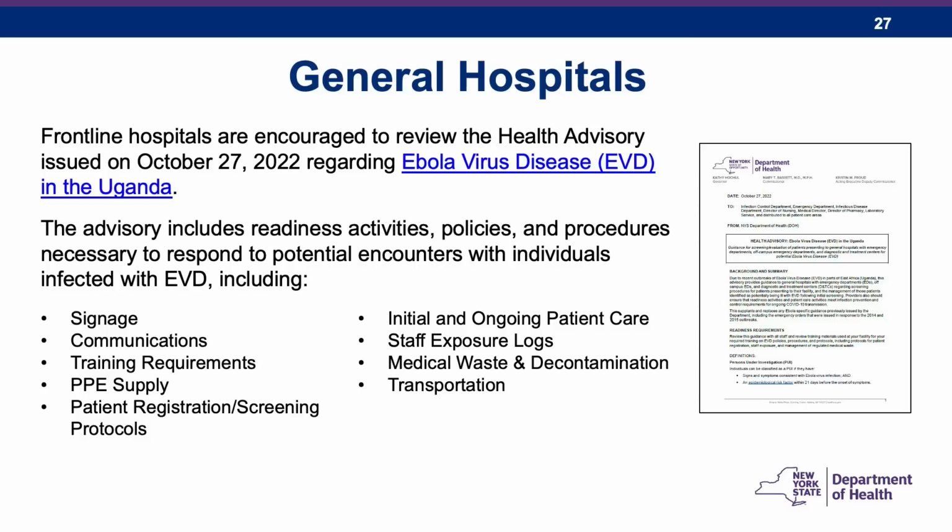It replaces previous guidance that you may have had about Ebola and discusses issues surrounding signage and communication, training. There's more about PPE in here, patient registration, screening, initial and ongoing care, exposure logs, medical waste and decontamination, and transportation. And I'm going to talk a little bit more about some of these things today.